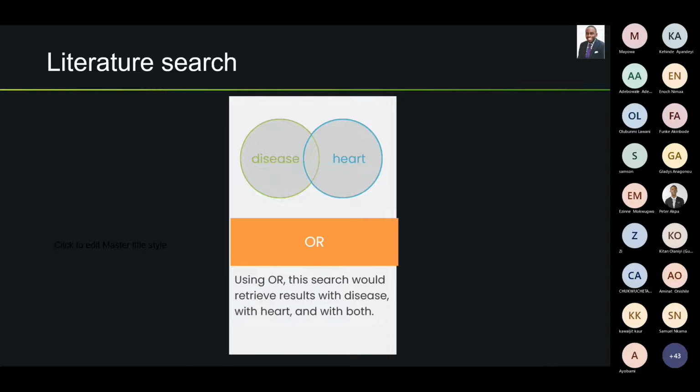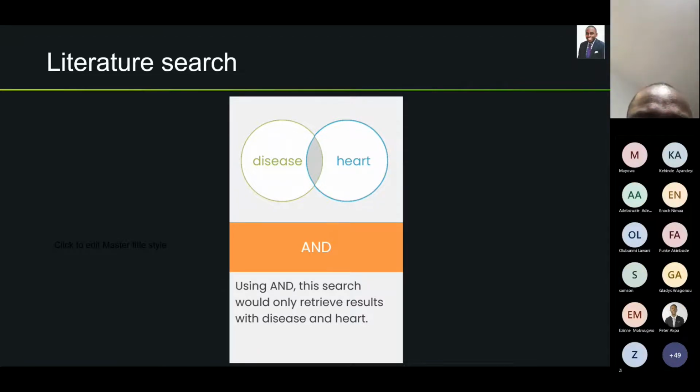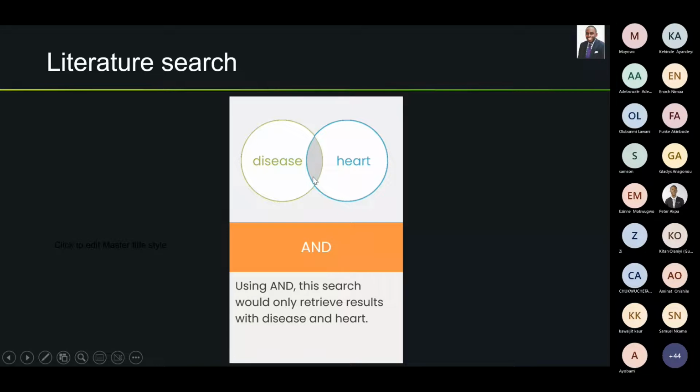But when you use AND as a keyword, what you're saying is that I want an article that has both disease and heart. You see this central area here. If it has heart and doesn't have disease, it will not show. It must have both disease and heart in order to give me the results I want.